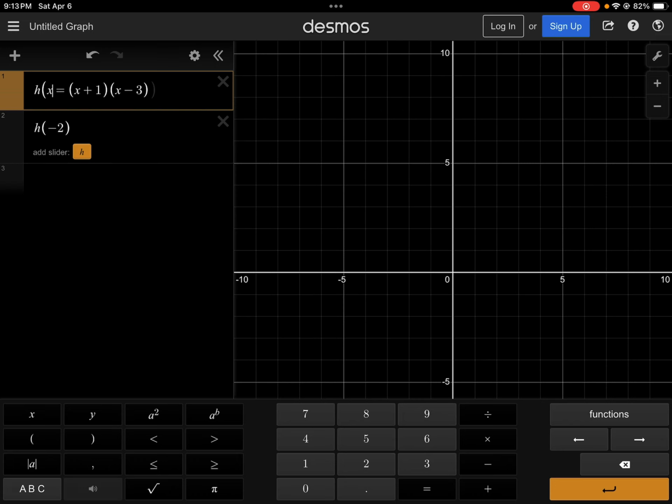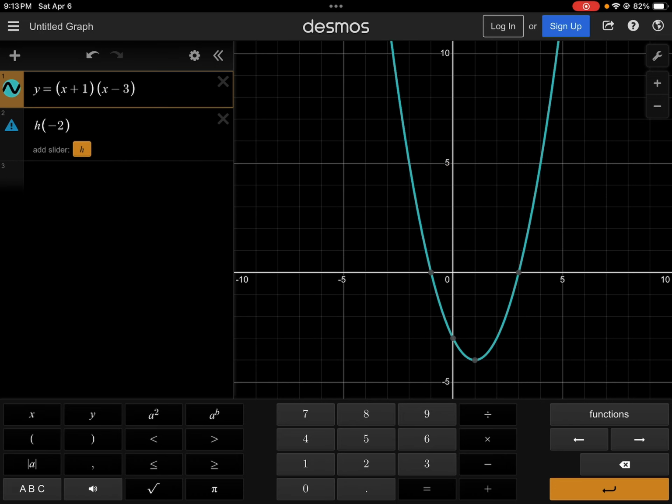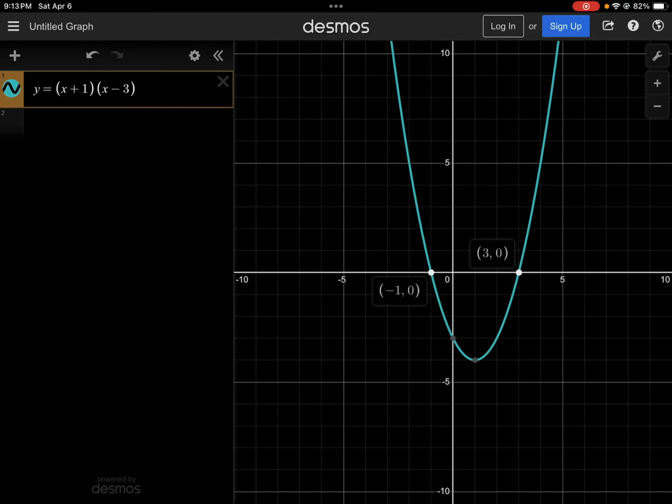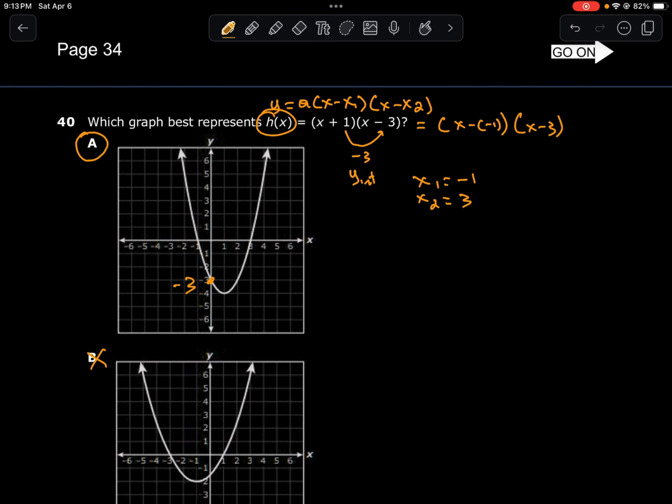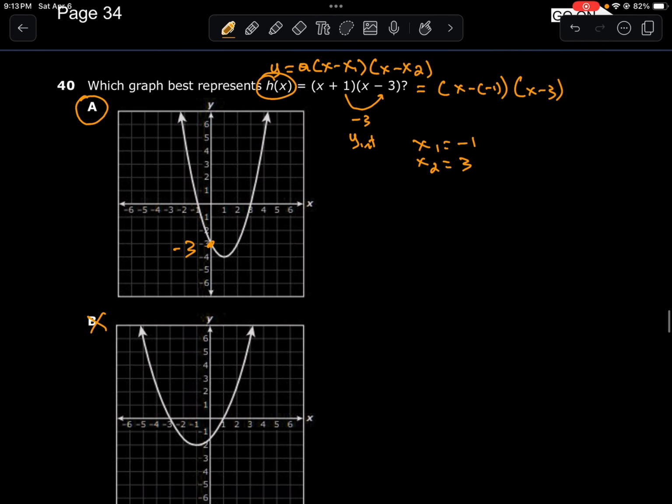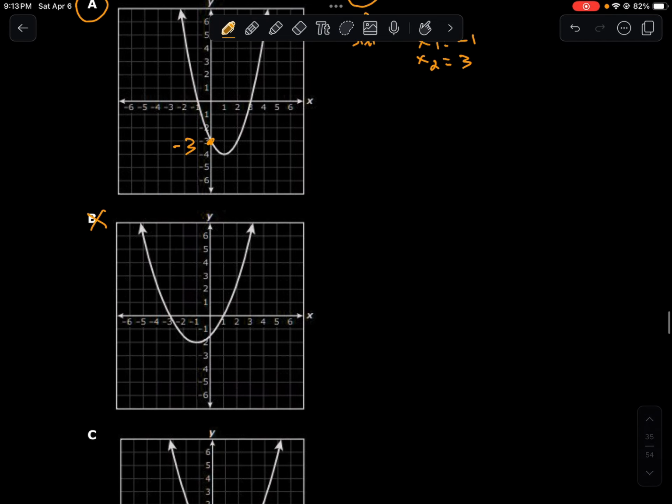On the other hand, if you type it with y, you would get your answer like this, but then you wouldn't be able to figure out the value. If you need values, type it with f of x, g of x, h of x, etc. Okay, so even if you type it with a y, you're still going to get the same thing, and you save some work from typing.